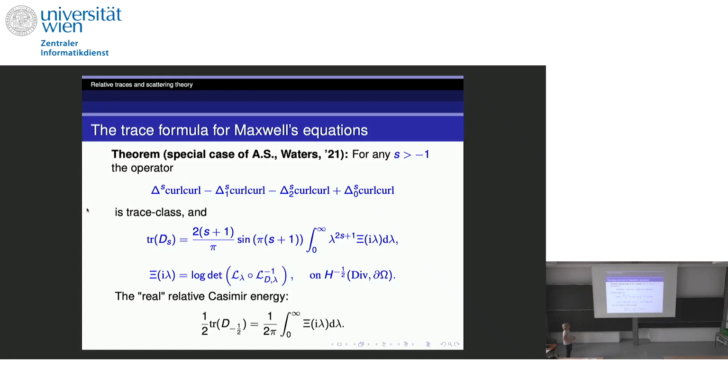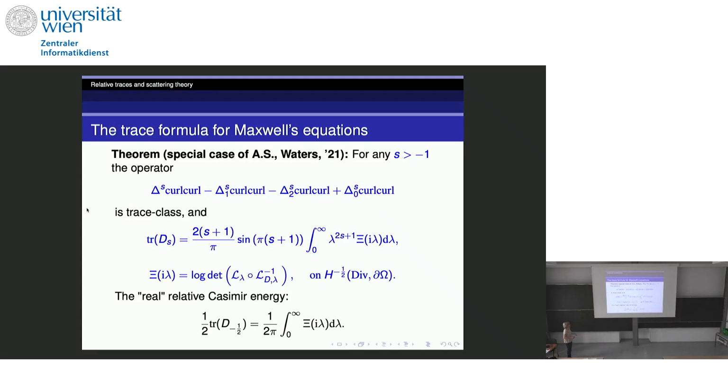So we showed that this is trace class, and it's nice again because this is really the only combination of the operators that is trace class. If you just take 1 or 2 of them, it's not trace class, you would have to use cutoffs in the boundary, and we do that also in the paper.